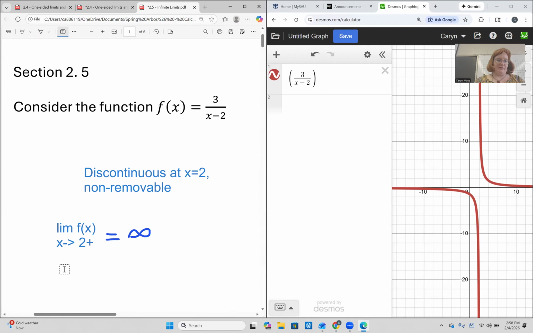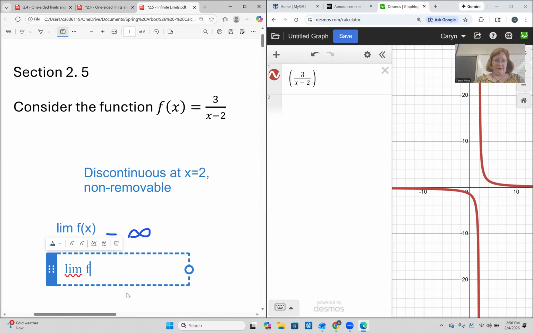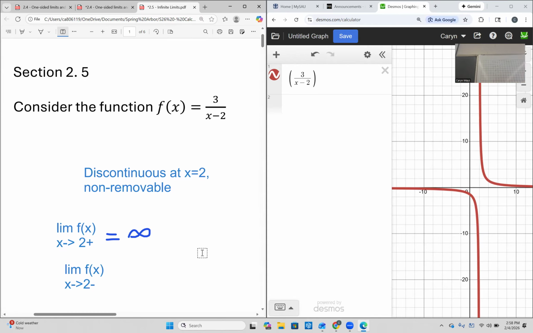And then on the other side, the limit of f of x as x goes to 2 from the left. What do you think we'd say for from the left? Negative infinity. It goes down forever. And we've been hinting at these. We've been generally using them and talking about them. This is a formal way of saying the limit doesn't exist, but being more precise about how the limit doesn't exist.